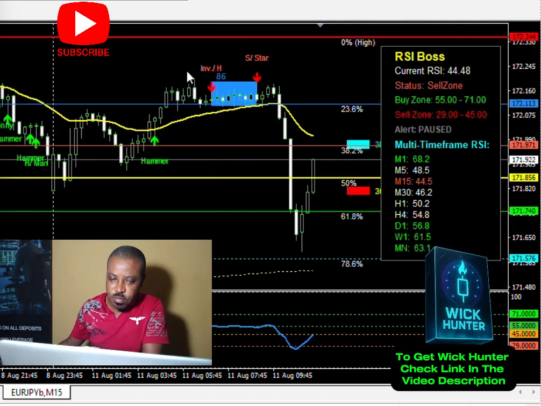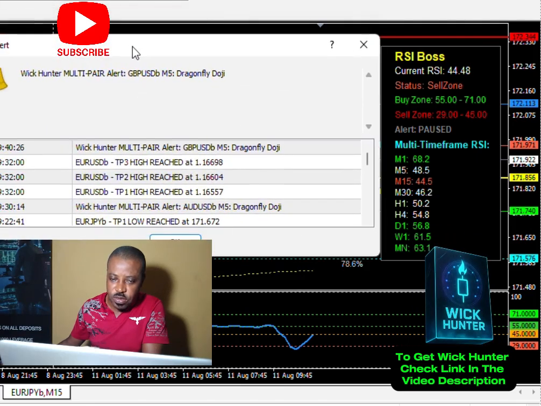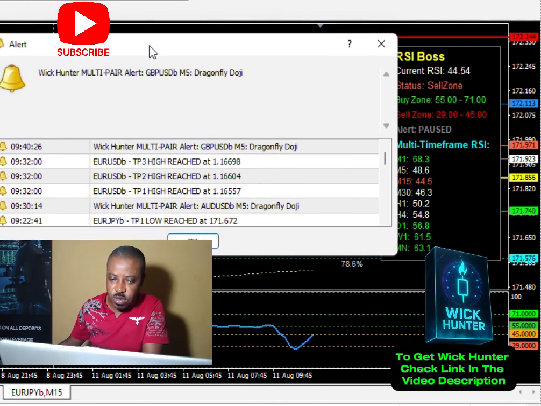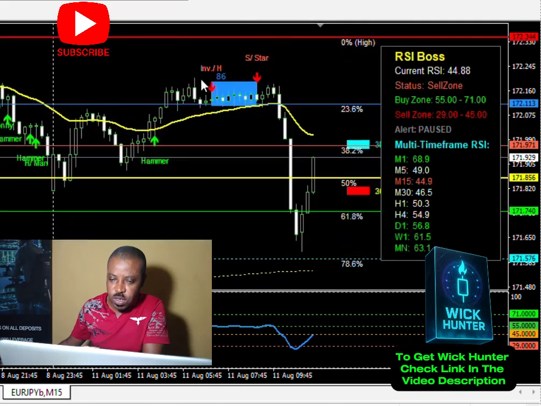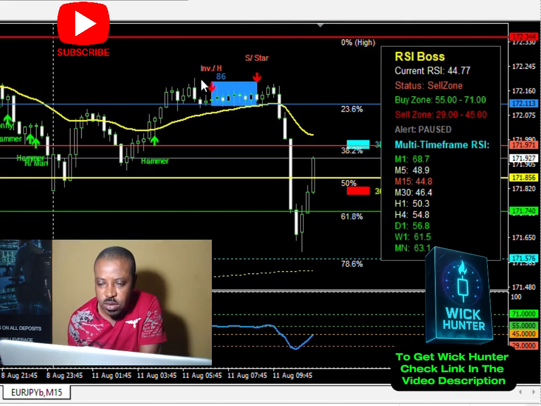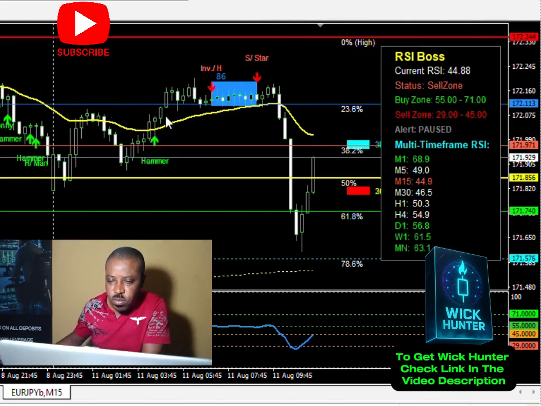Okay, that's just another signal coming in. As you can see, it's the Wick Hunter multi-pair alert. So there's a signal for the 5 minutes time frame, but we are not picking that. We just want to analyze this particular trade.